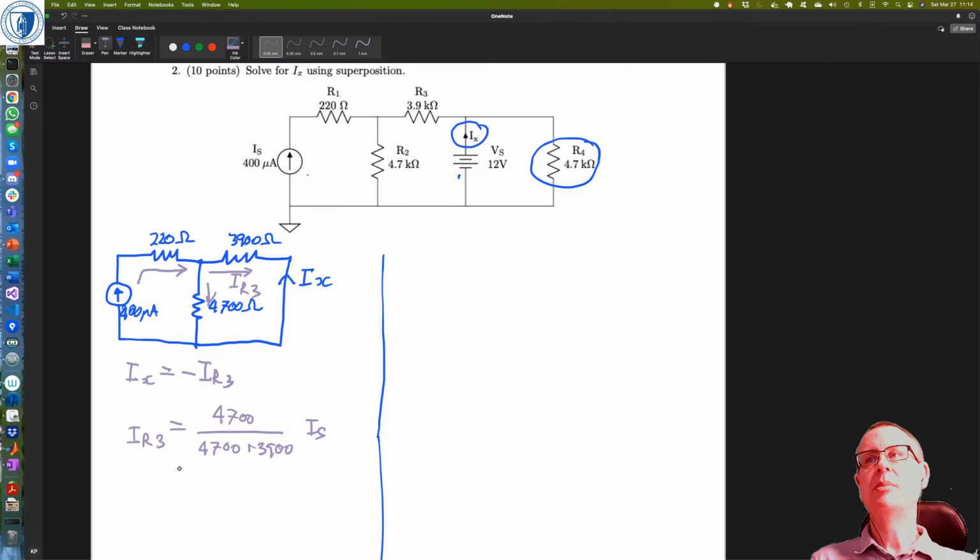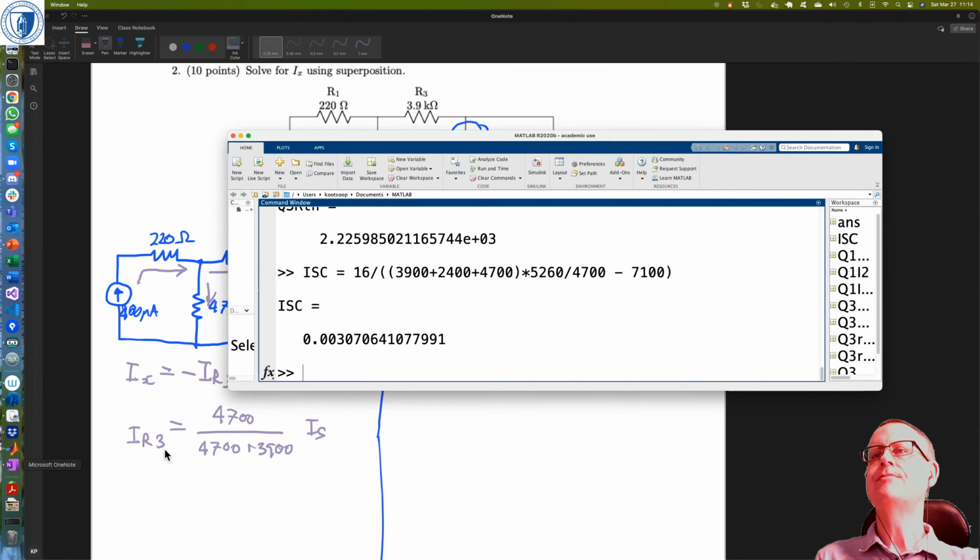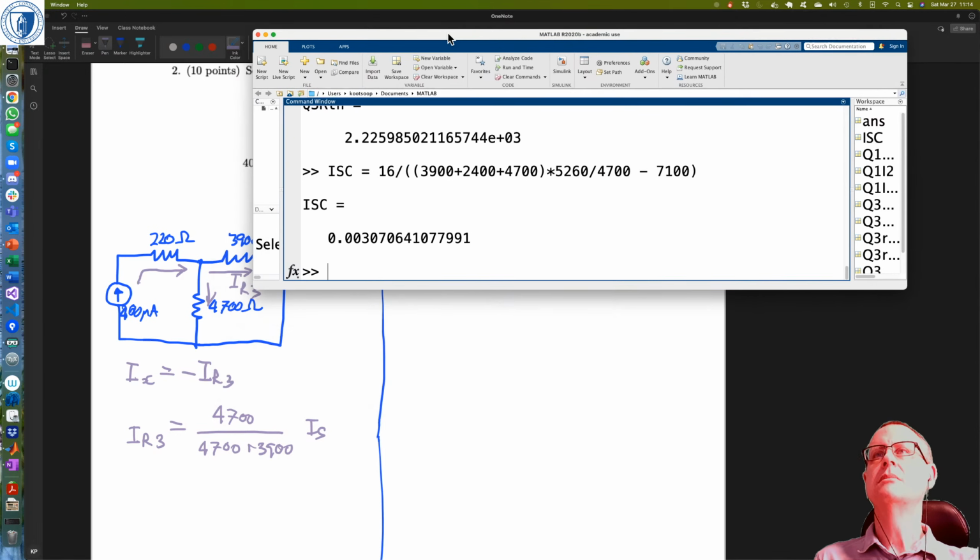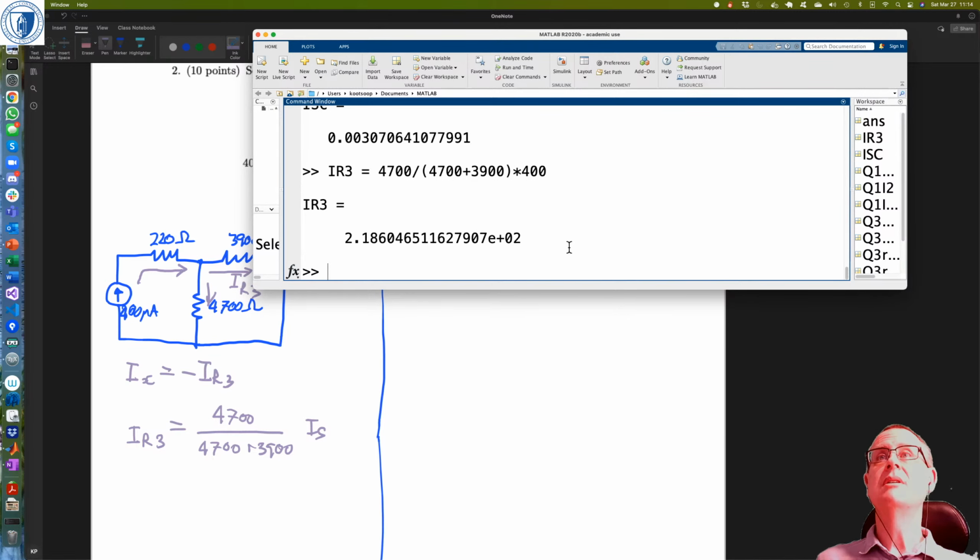And we can type that into MATLAB maybe. Right, so this is IR3, is 4700 divided by 4700 plus 3900. And then we have 400 microamps. I'm just going to leave it at 400.